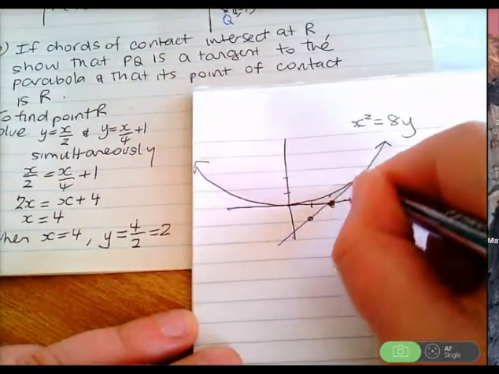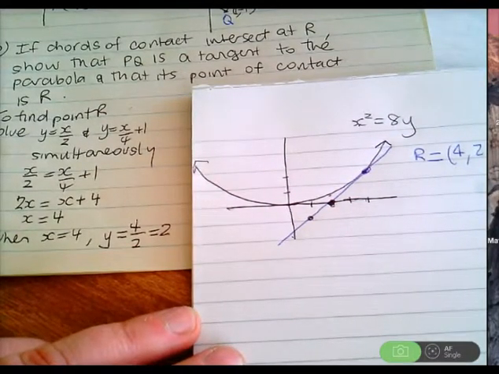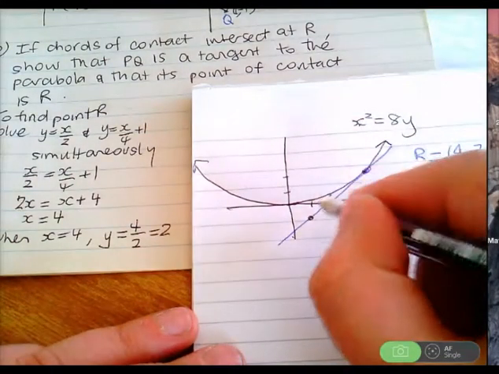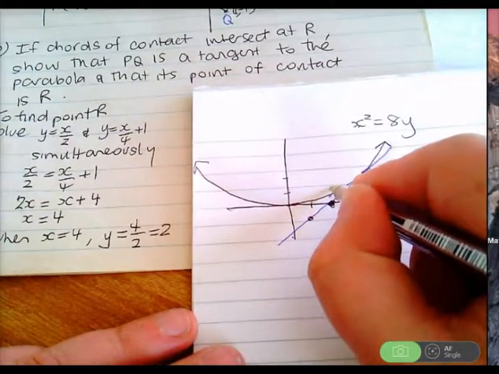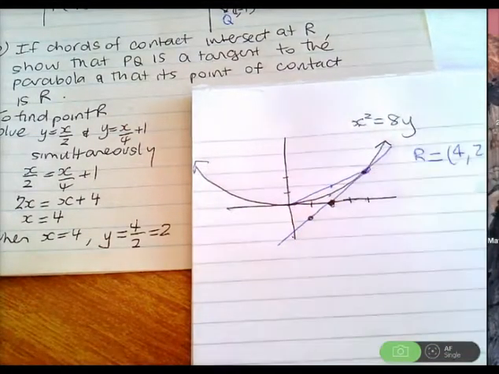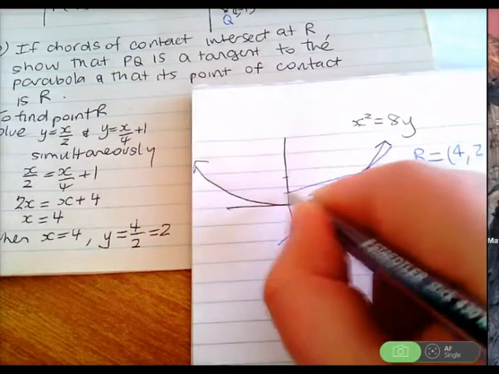So there's P and Q, and they pass through the point of intersection of the two chords of contact. So if I draw y equals x on 2, when x is 2, y is 1. When x is 4, y is 2. That's one chord of contact. And the other chord of contact is that one.